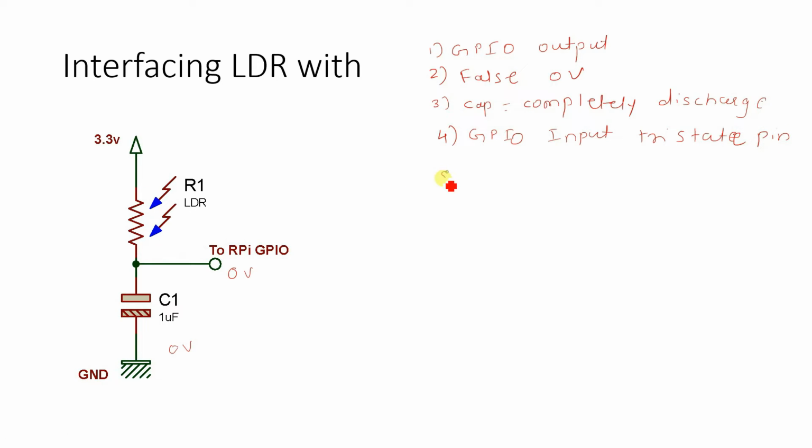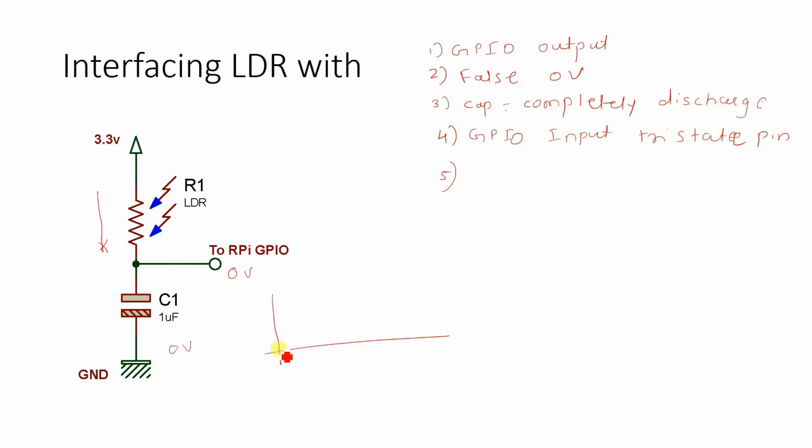Now because of the tri-state nature of the pin, depending upon the light falling onto the LDR, the capacitor will receive some amount of current, and based upon the current received through this resistor, the capacitor will start charging. Right now the capacitor is completely discharged, so the potential at this point which can be read is 0 volt. As the capacitor starts building charge, its voltage will rise slowly, something like this.